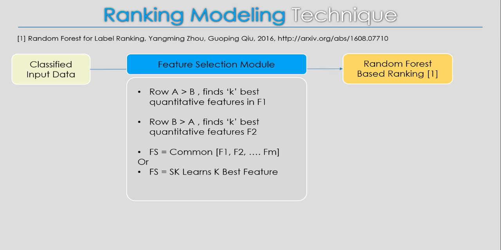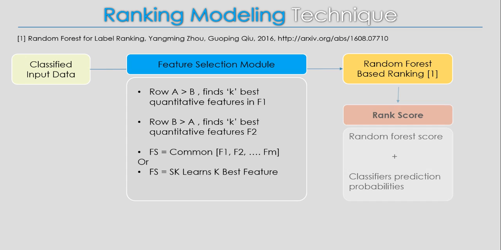If users show incoherent interactions that make selection of features impossible, Gaggle uses scikit-learn's k-best feature selection module to find these features. Eventually, Gaggle computes a final ranking score by combining the rank score retrieved from the ranking model and the prediction probabilities of each data items retrieved from the classifier.